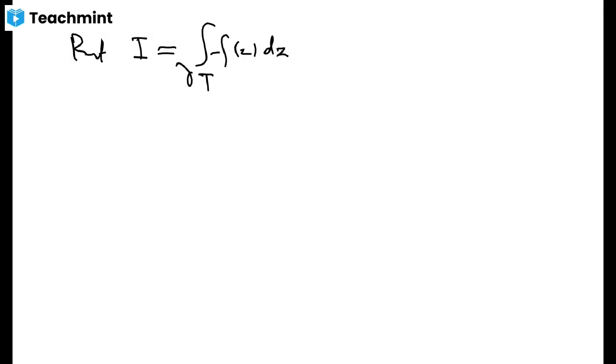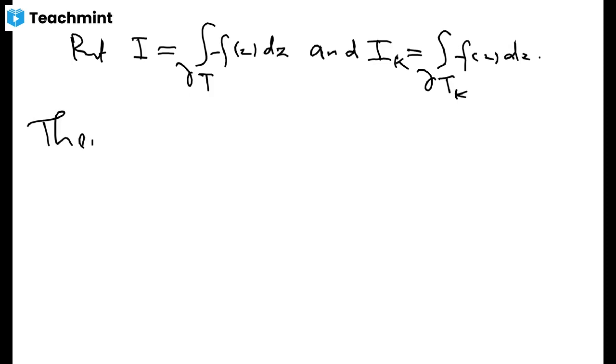This is the integral that has to be shown to be 0, and also we define the integral over each of the sub triangles, and we denote it by Ik. Then by the properties of the line integrals, you can write this integral I as the sum of the four integrals Ik, k from 1 to 4.